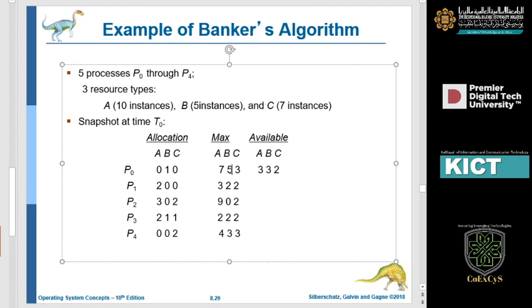Now for B, the maximum that's available is basically 5. It requires at maximum 5, but remember, currently available says here that it's only 3.